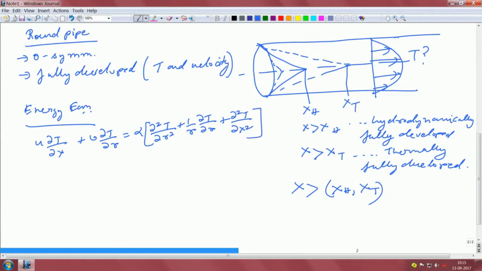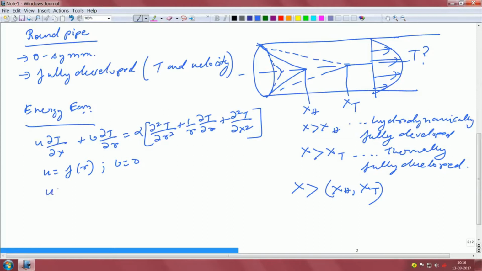This is the full energy equation written in polar coordinate systems. And of course, we know u is only a function of r, and we know v is equal to 0. These two things are already pre-known.